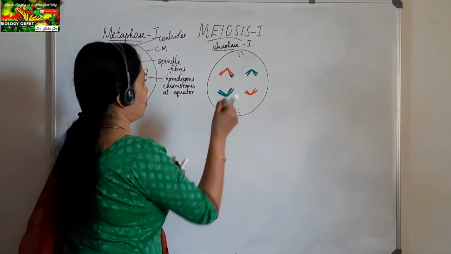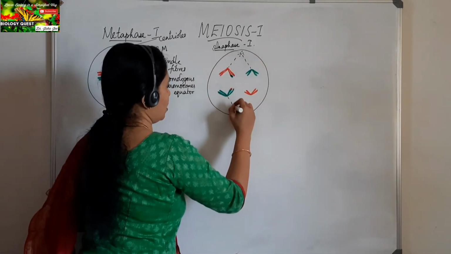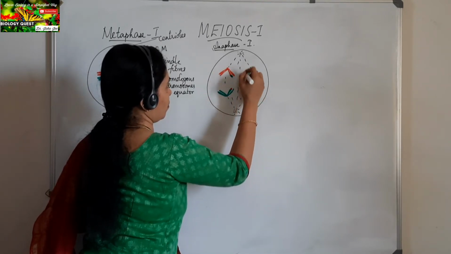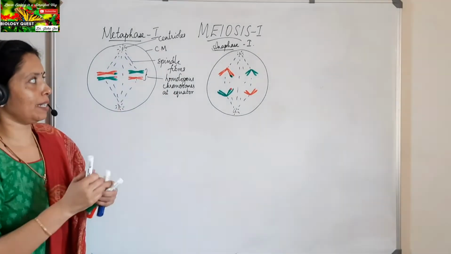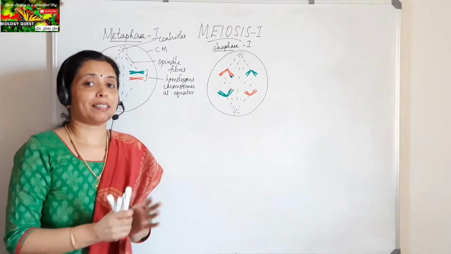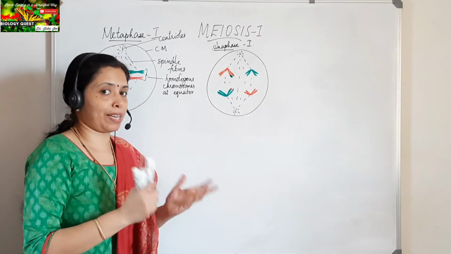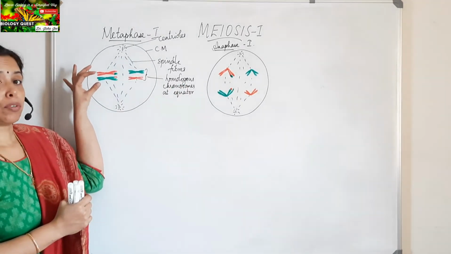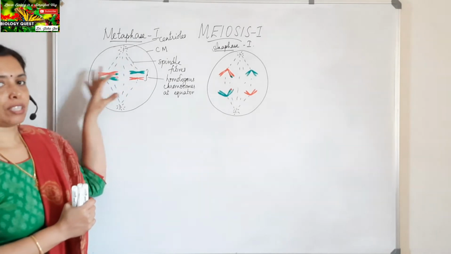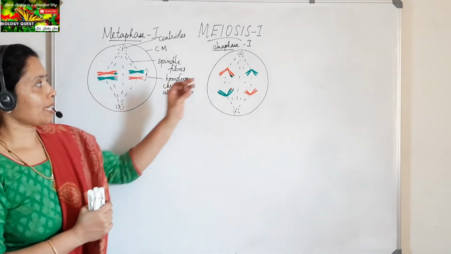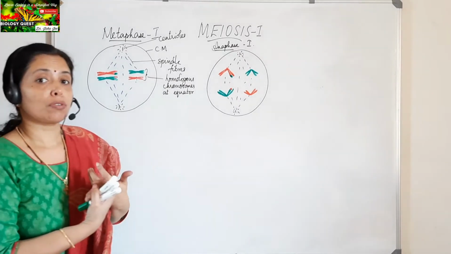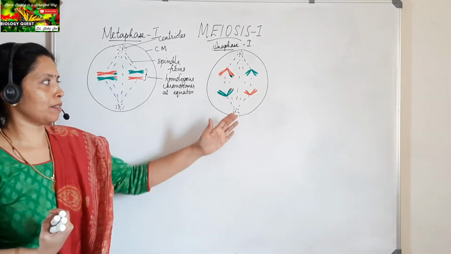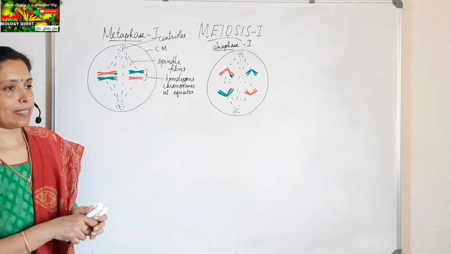They are moved to the opposite poles by the contraction of the spindle fibers. In metaphase-I, the homologous chromosomes are arranged at the equator of the cell. During anaphase-I, they get separated and are pulled to the two opposite poles of the cell. That is anaphase-I.